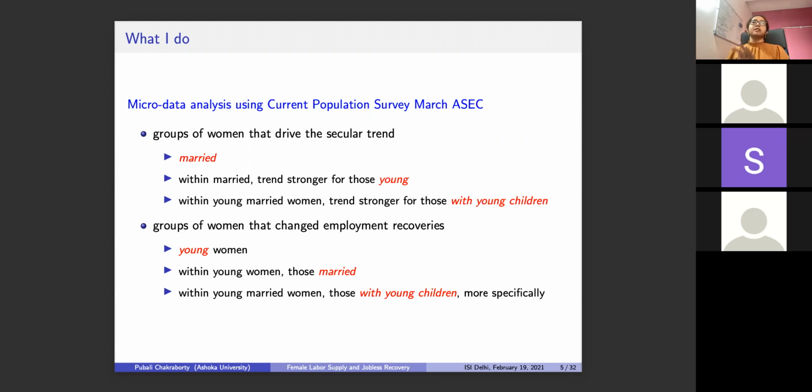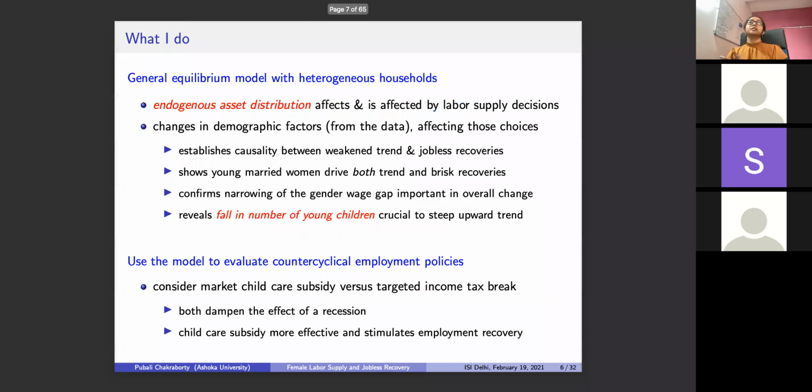So given what I learned from the data, that helps me to develop this general equilibrium model, which accounts for these different kinds of households.